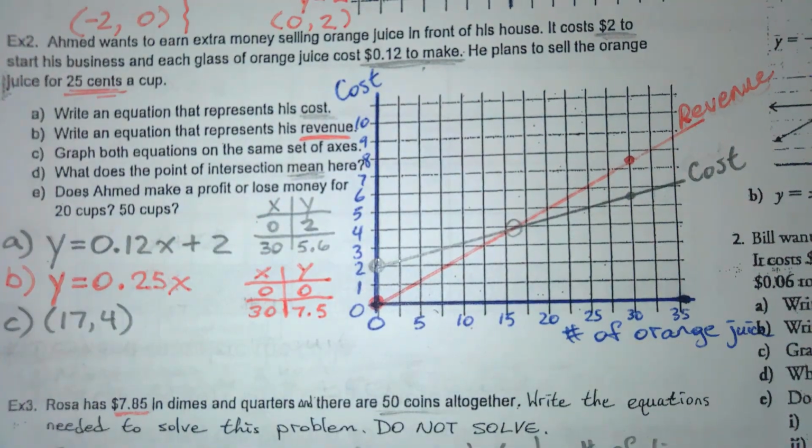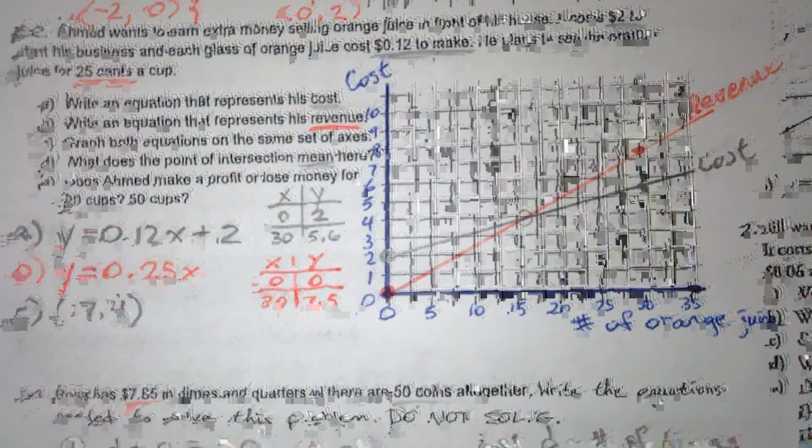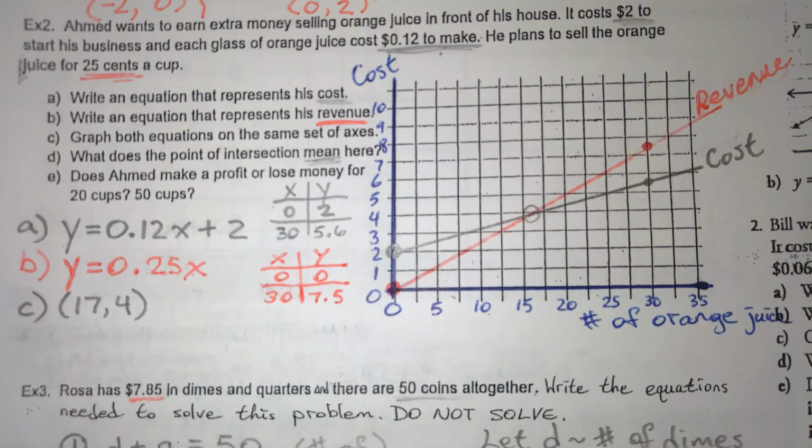Okay, so how many of you think that's an estimate? How many of you think it's the exact answer? Right. So who thinks it's just an estimate? Yeah. So when we're graphing, it's only an estimate, because if my line was a little curved or I made the point a little off, it's not exact.